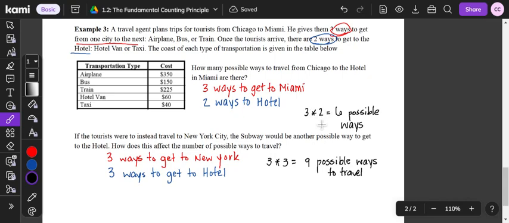So, if I was really, really going to be careful about answering this question, I would say there are 3 more possible ways to travel to the hotel in New York than there are to Miami.